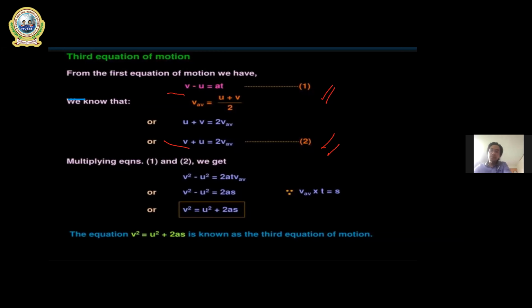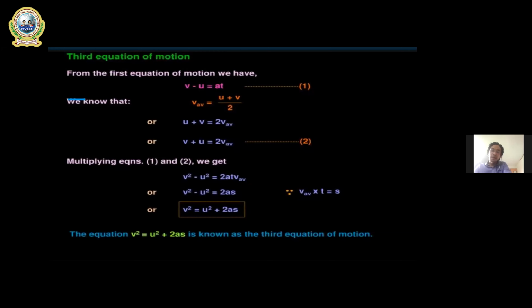Then the product will be v square minus u square. And at the right hand side you have at in equation first, and 2VAB in equation second, so it will be 2at times VAB. You got it like this.